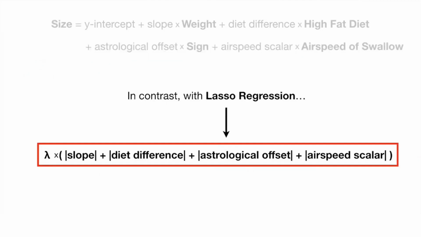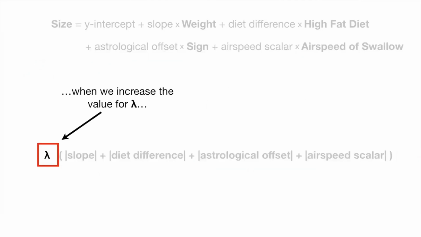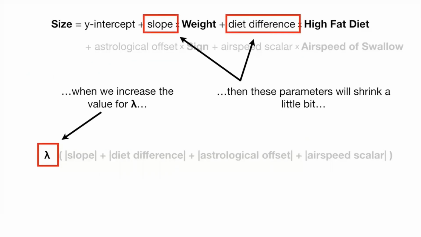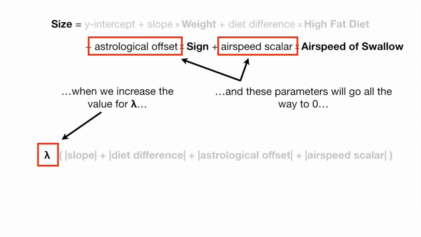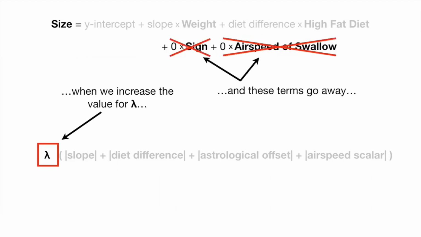In contrast, with lasso regression, when we increase the value of lambda, these parameters will shrink a bit, but the other parameters will go all the way to 0. If we make it 0, then 0 times sign becomes 0, and this also becomes 0. So this ultimately becomes null. So you can remove these unnecessary variables. Ultimately, lasso regression can help you to select the features.